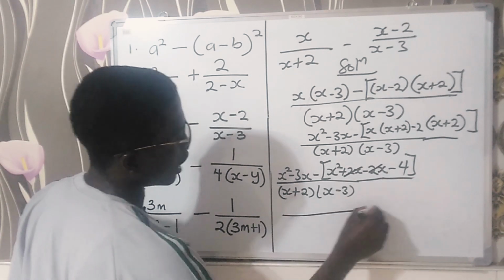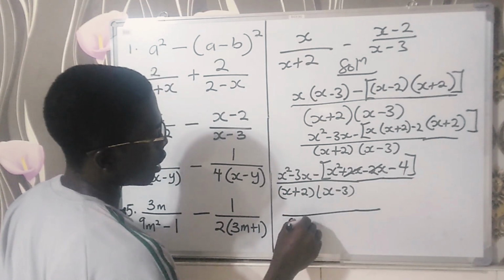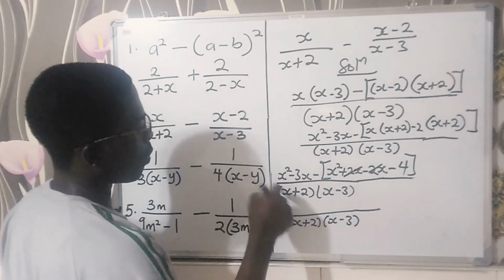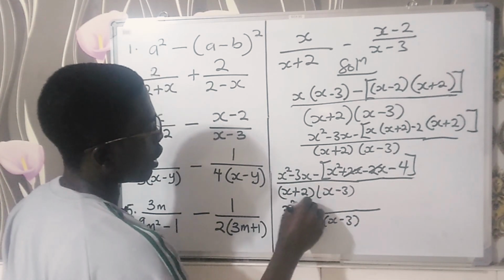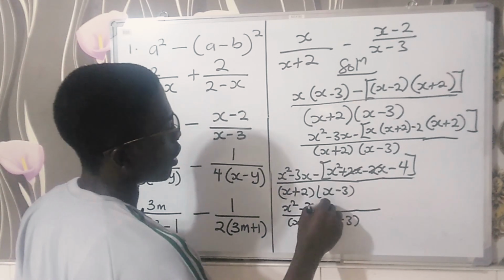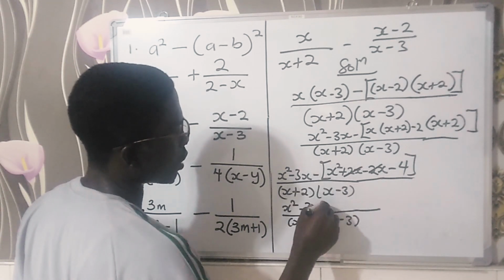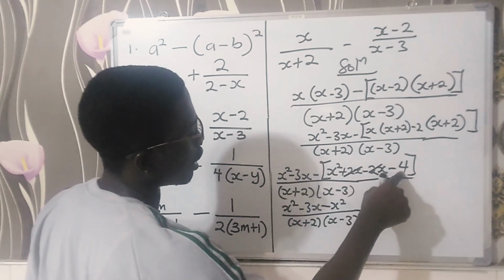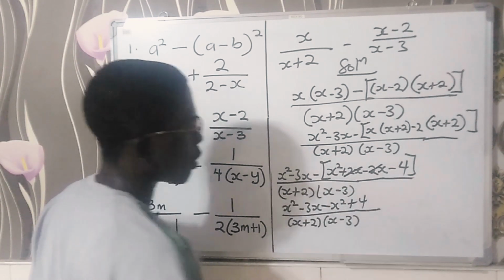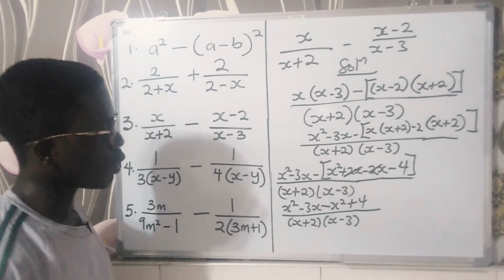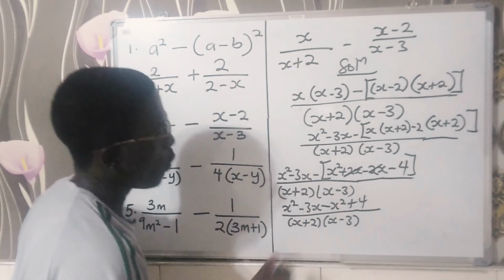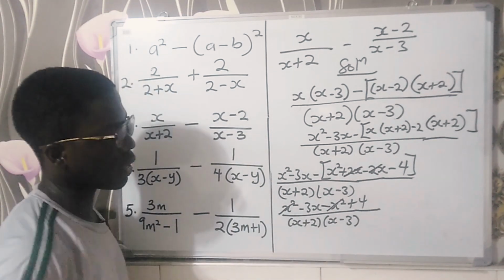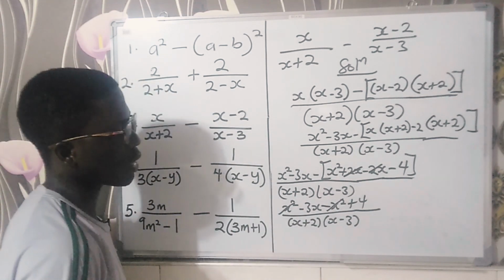So we still maintain our LCM being x plus 2, x minus 3. And then we maintain this one, x squared minus 3x. So minus times this will be what? Minus x squared. And then minus 1 times minus 4 will be what? Plus 4. Good. So in all, we can cancel this negative x squared with this positive x squared.